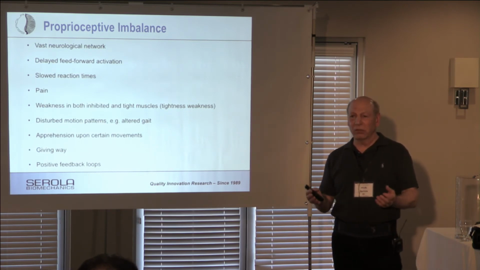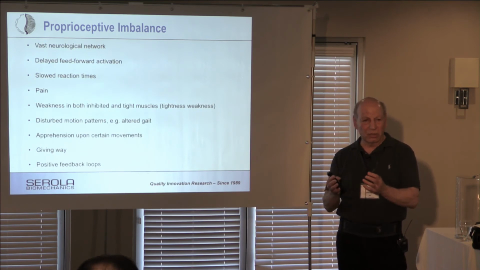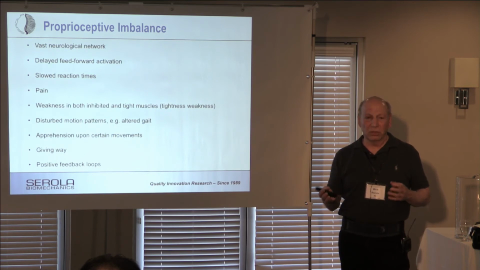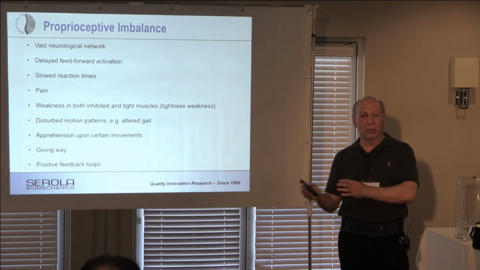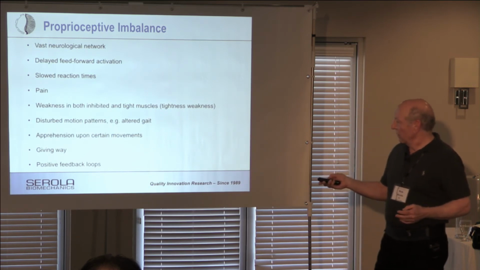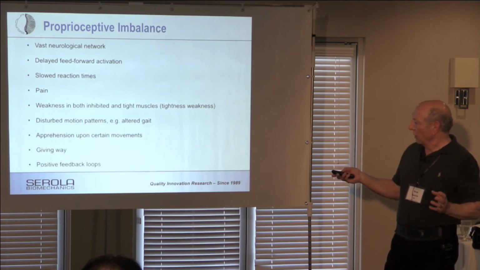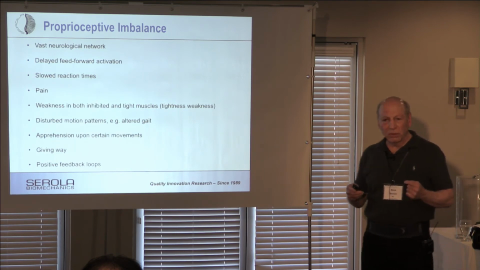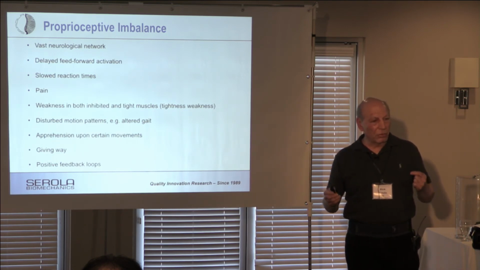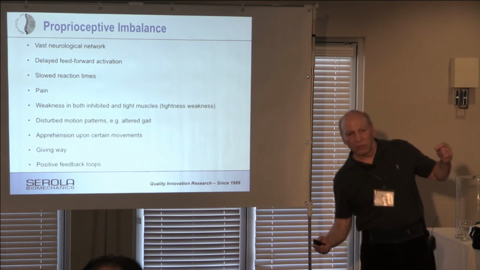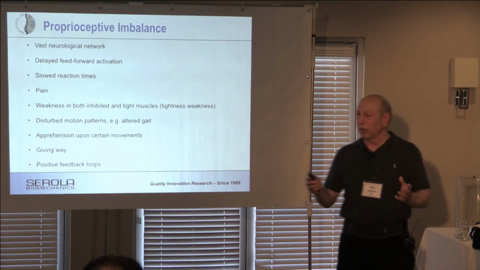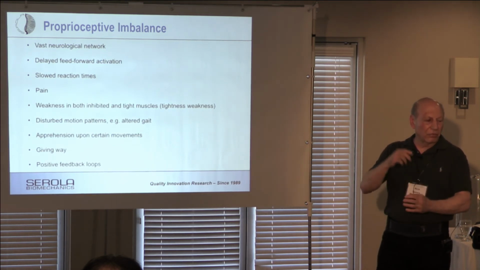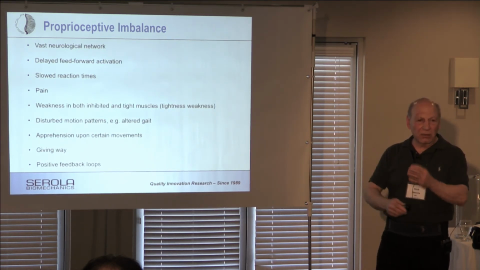The counternutation muscles that are contracted are weaker because they're doing two things at once, holding the joint stable and then doing their given task. So we'll also have pain, we'll have disturbed motion patterns, apprehension about certain movements and giving way. So we have a person who's running and then all of a sudden they'll fall. Anyway, this is all reinforced by positive feedback loops that maintain this disability.